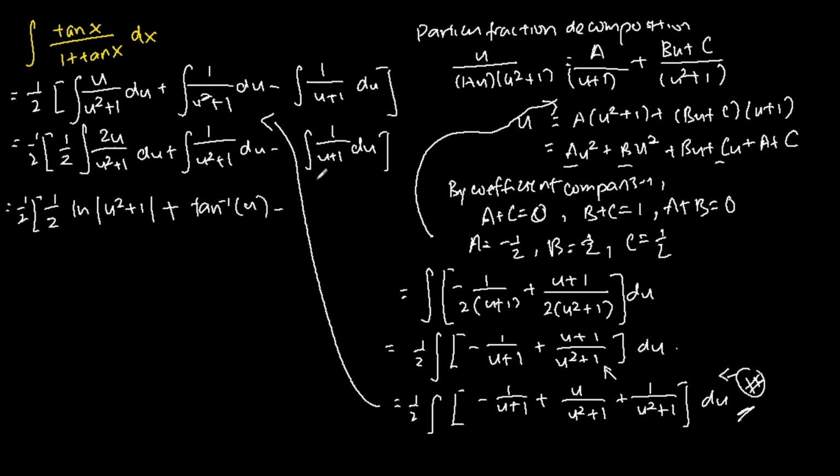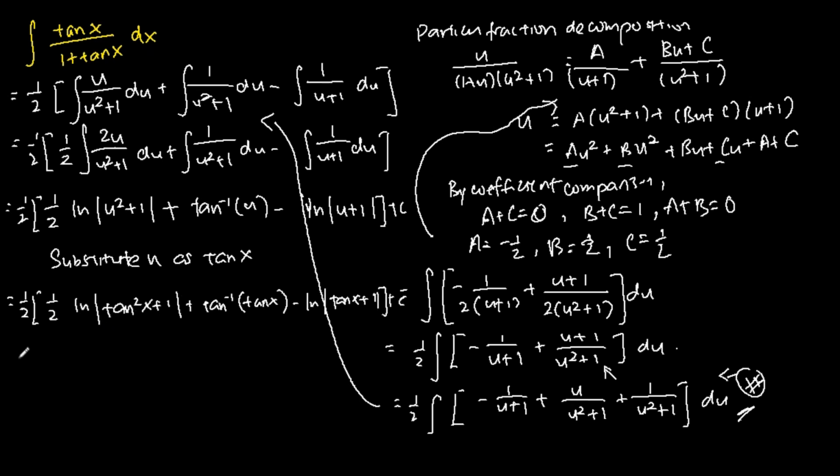For the last integral, the integral of 1 over u plus 1, we get ln of u plus 1, and then plus C. Last but not least, we substitute u as tangent x. The reason is that the question is expressed in terms of x, so we have to change everything back. So we get the following answer.